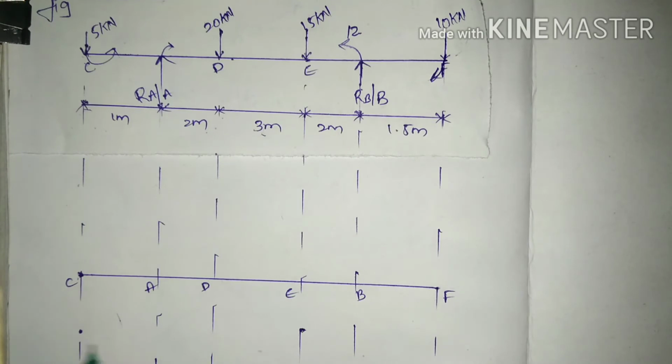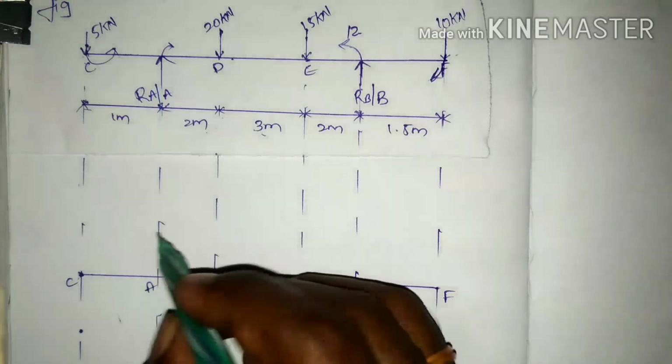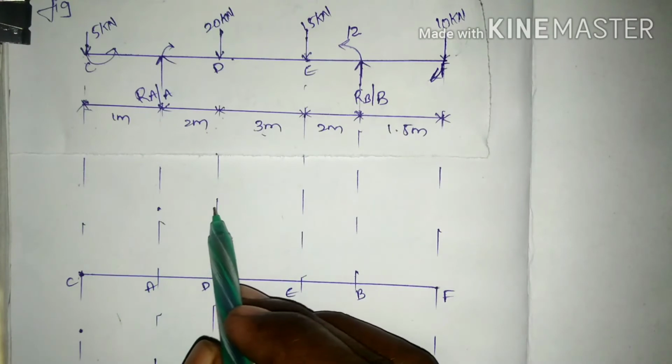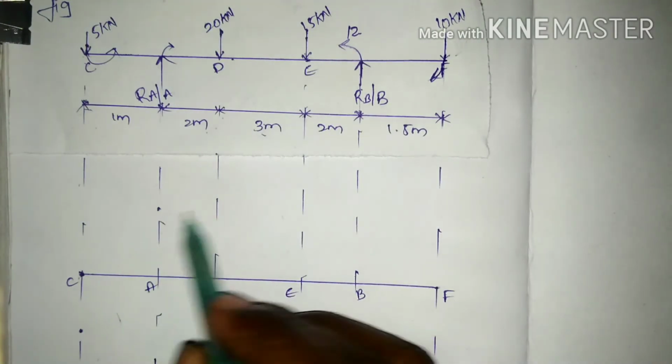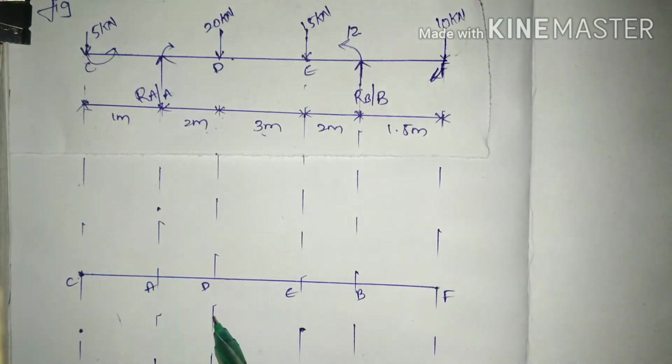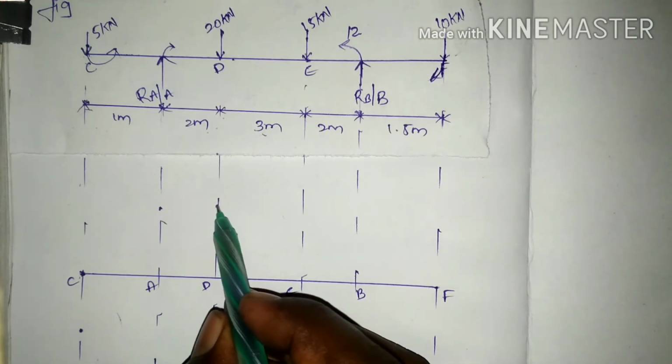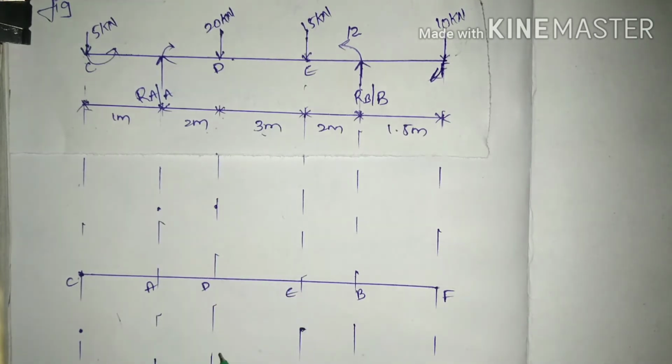Moving on to A, we have positive 17.142, let it be here. Moving on to D, for the left we have the same, and for the right we have minus 2.857.